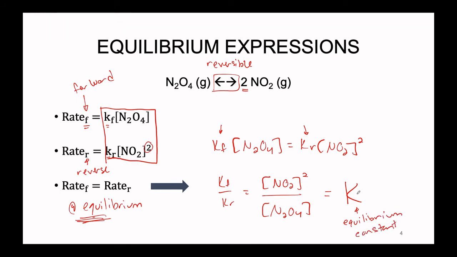And this constant, if we look over here on the left, is equal to a ratio of these two other constants, which are dependent on things like temperature, activation energy, and collision factor A. This is an EA. The equilibrium constant will always be the same constant so long as we are at the same temperature and we are looking at the same reaction, like if we're not adding any type of catalyst to it.